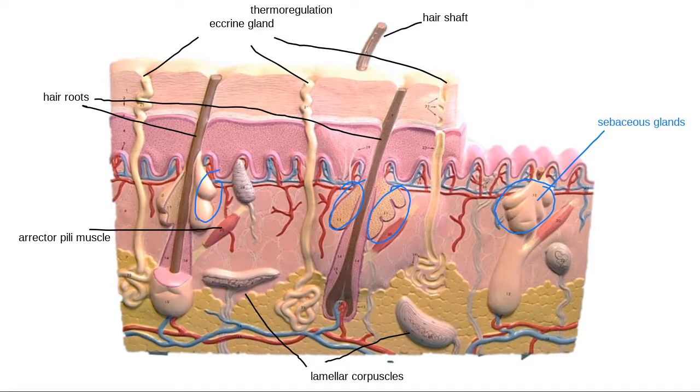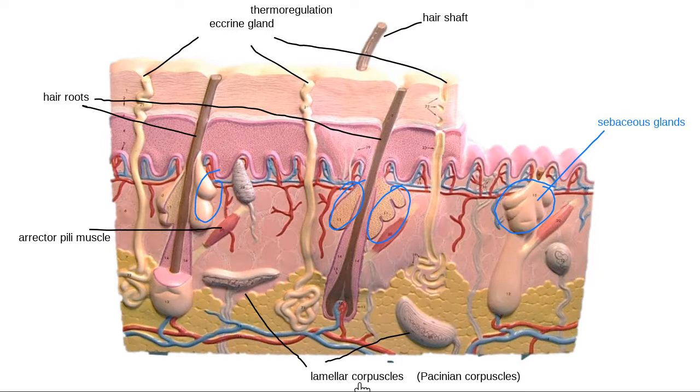If any of you happen to have taken anatomy in high school, or if you've taken this class before, the other name you might know these guys as is Pacinian corpuscles. So if you've never heard that before, ignore that. This is just for any of my friends who took anatomy before. Let's talk about these lamellar corpuscles. These are found down deep, either in the bottom of the reticular layer of the dermis or down in the hypodermis layer.